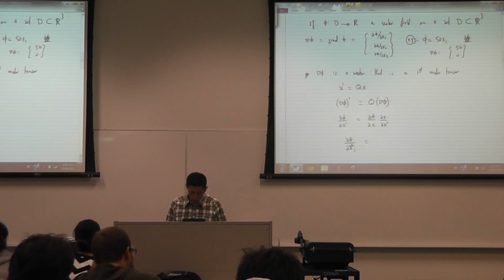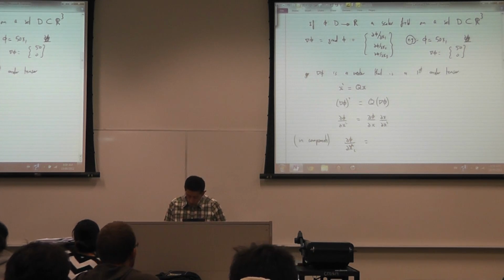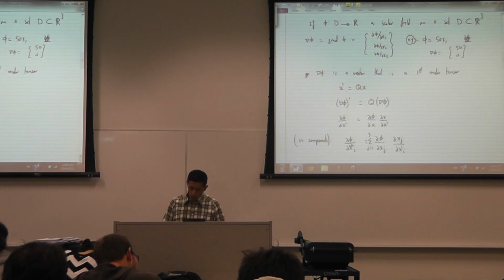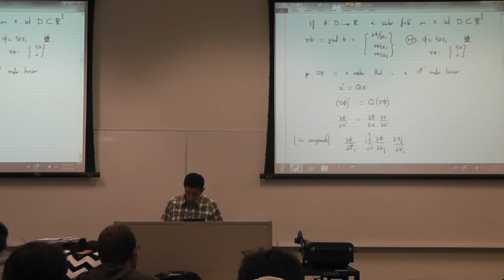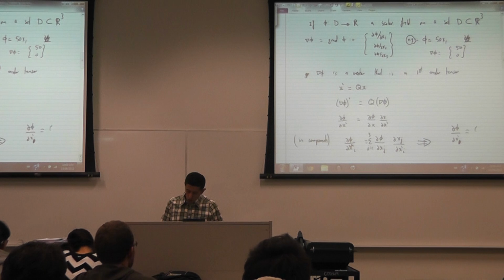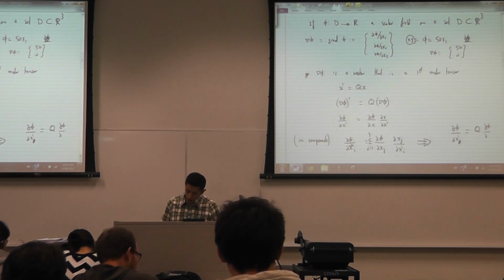Partial phi by partial x prime i in components will be equal to partial phi by partial xj multiplied by partial xj by partial x prime i, where I'm summing over j. And from here, you get that partial phi by partial x prime will be equal to Q times partial phi by partial x.